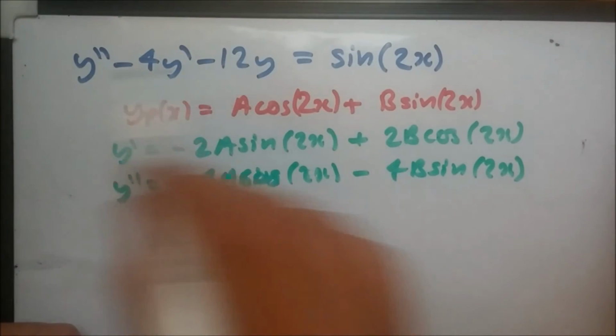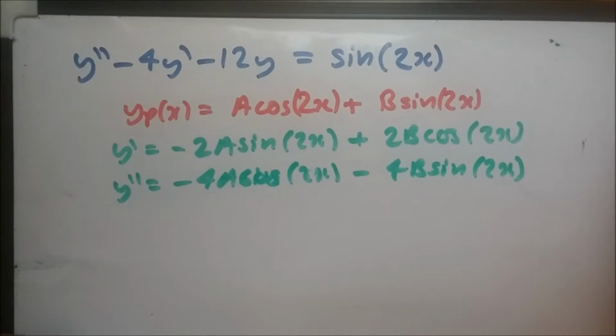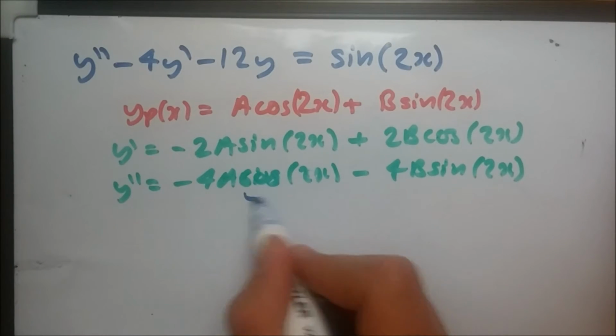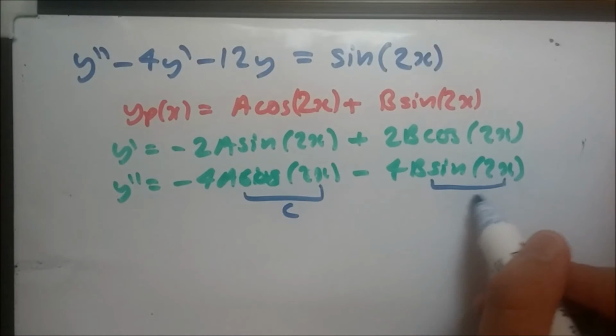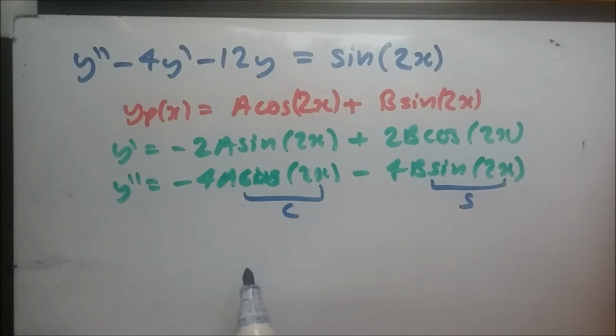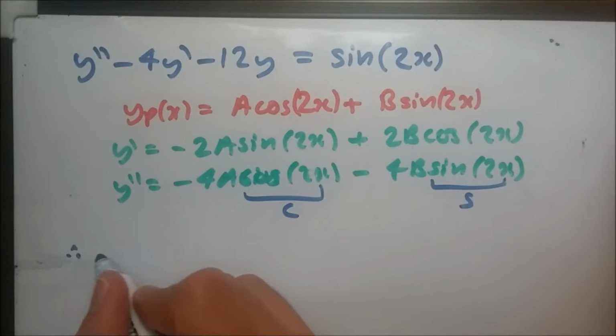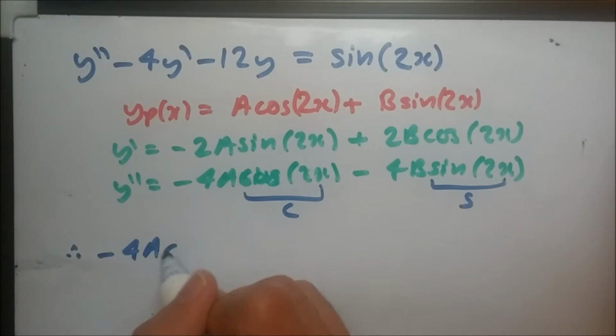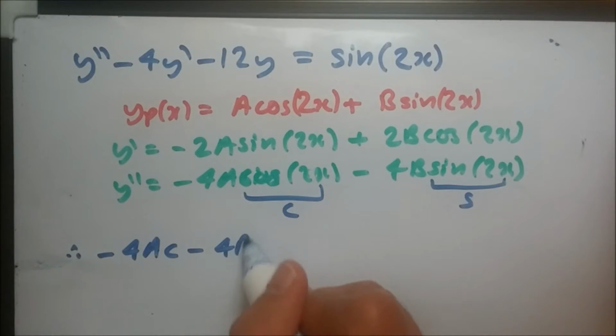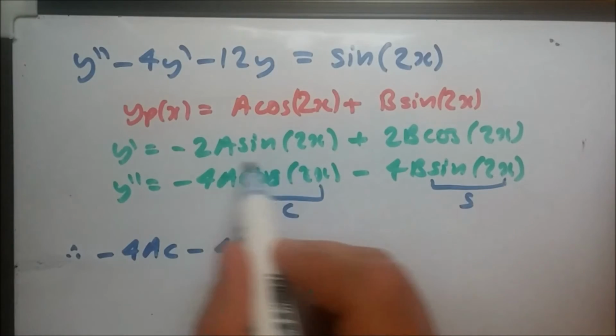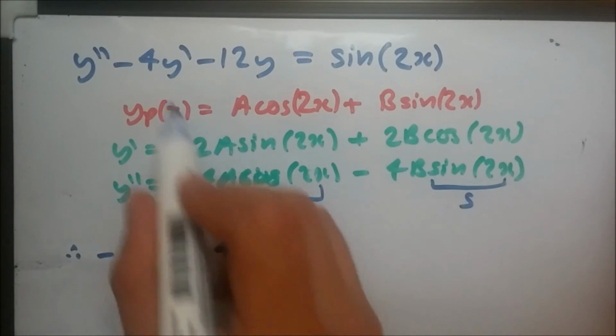And lastly, substituting all this back into this equation, which is going to be painfully long. I'm going to call this C and I'm going to call this S, just to save time. So now what we're going to have is minus 4a C minus 4b S, minus 4 times all of this, and then swap the signs.